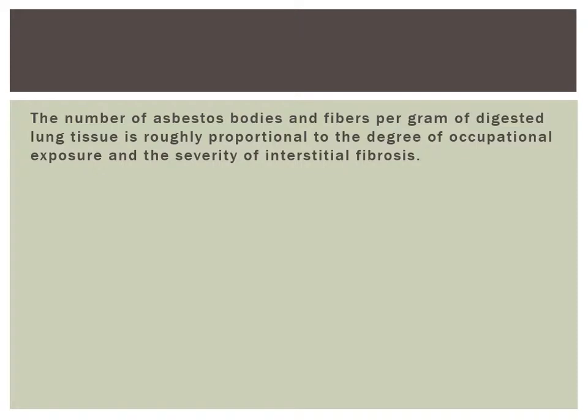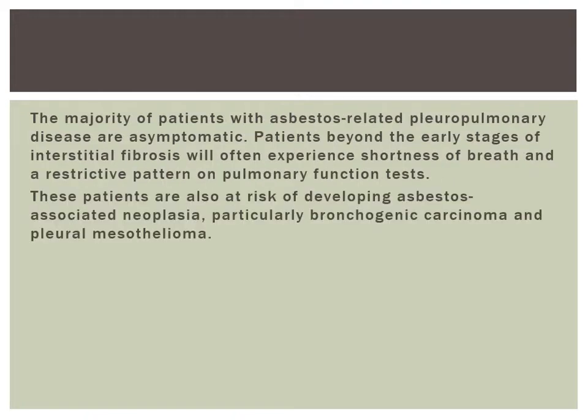The number of asbestos bodies and fibers per gram of digested lung tissue is roughly proportional to the degree of occupational exposure and severity of interstitial fibrosis. The majority of patients with asbestos-related pleuropulmonary disease are asymptomatic.